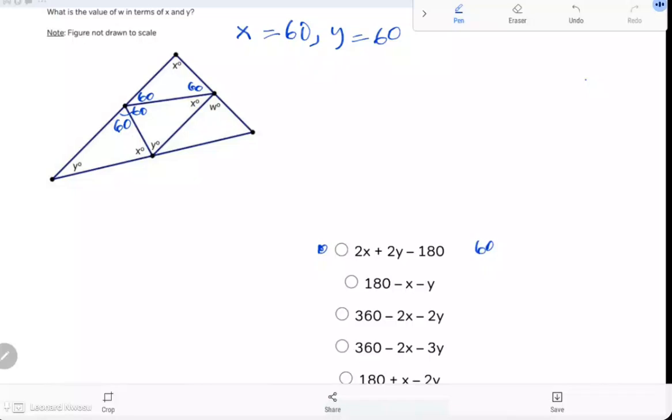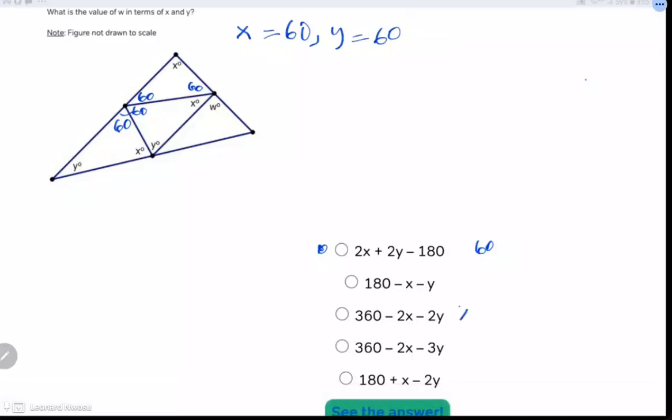360 minus 2s minus 2y. That is 360 minus 120, 120. 360 minus 240 is not 60. It is 120. So this is wrong.